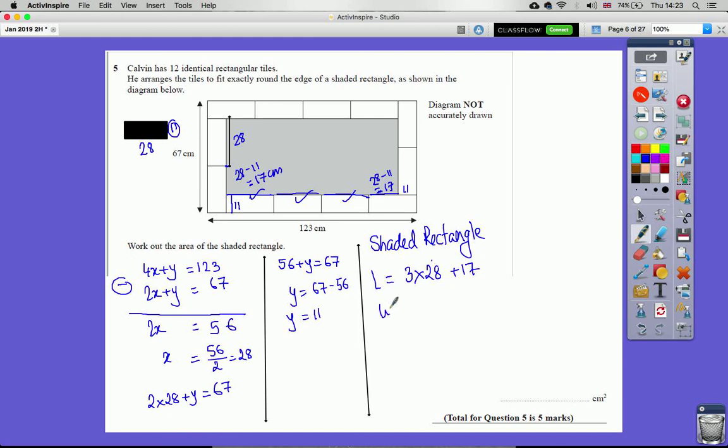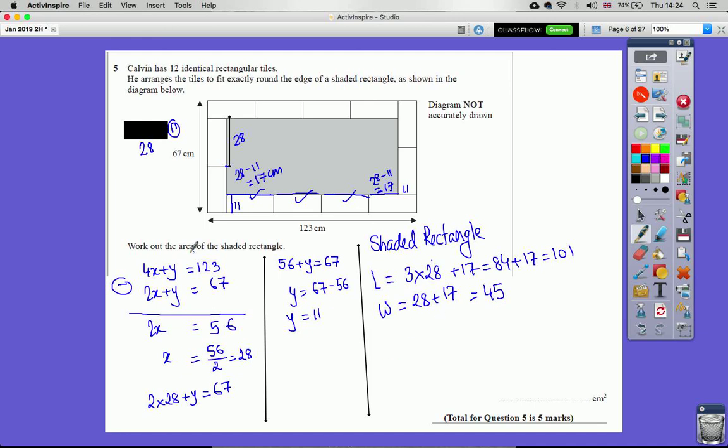And for the width, it's going to be 28 plus 17. So 3 times 28 is 84, plus 17 is 101, and 28 plus 17 will give you 45.